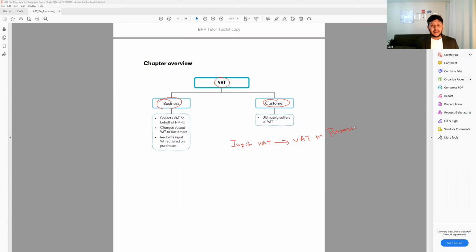So that means every time I buy something, the VAT I paid, we call it input VAT. On the other hand, we have output VAT, and output VAT means VAT on sales. So input VAT means VAT on purchase, and output VAT means VAT on sales.